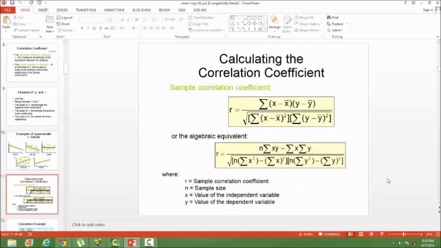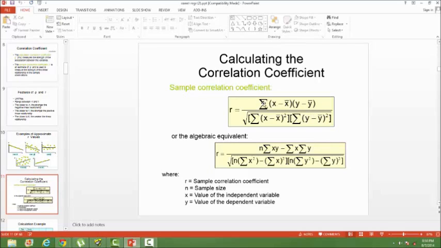So the formula to calculate correlation is given. You can see x and y values are known to us. You will have a series of values for x, and a series of values for y. X bar is nothing but the mean, so you can always compute the mean of a series, and y bar is the mean of y.